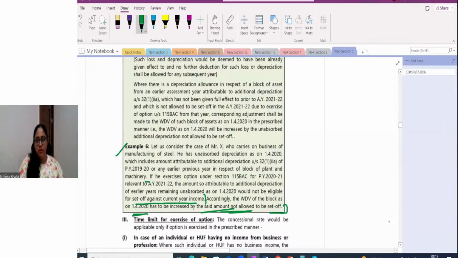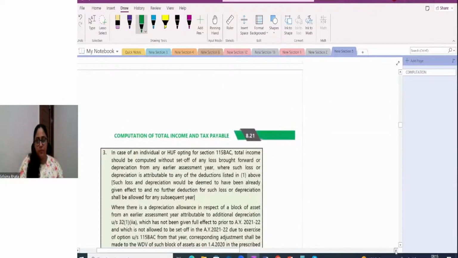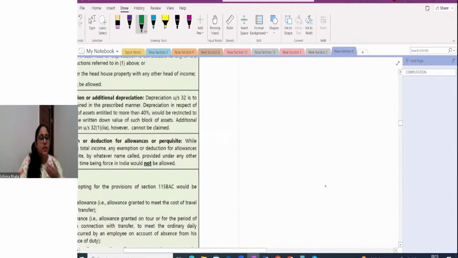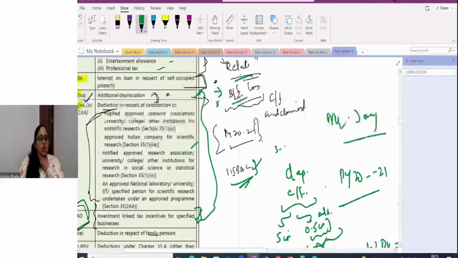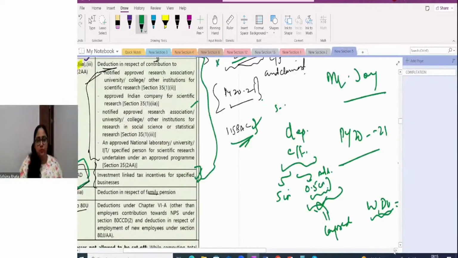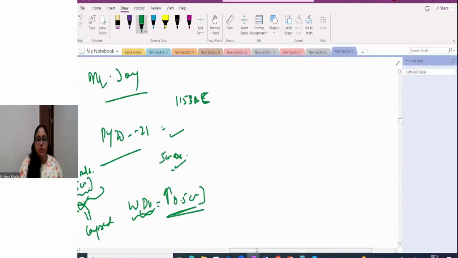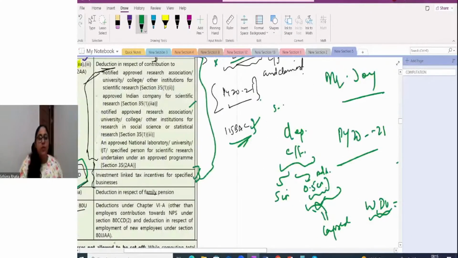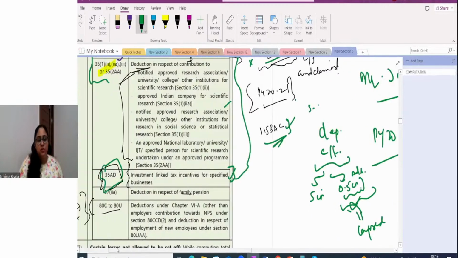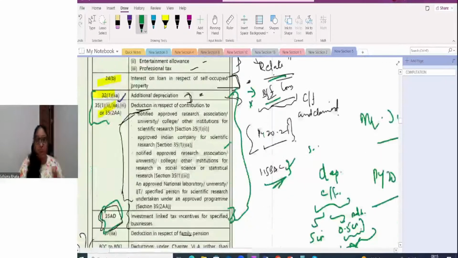So Vedant, here, do you agree that certain deductions will not be allowed, correct? And one such deduction which would not be allowed is additional depreciation. In both cases this would be applicable.